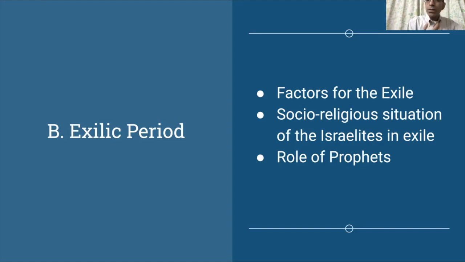And so the prophets and those who taught them, the priests, were the ones who explained to them, look, the reason this has happened is not that some problem with God or God's plans, not at all.